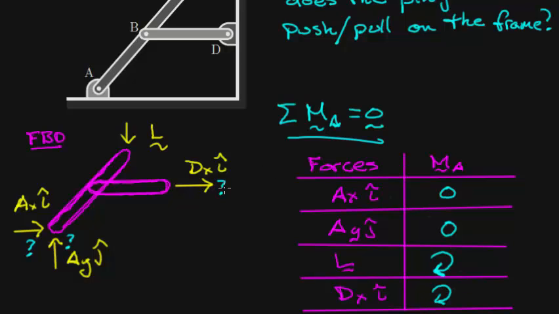So what I need is for DX to go the opposite direction. Instead of having DX pull to the right, I need DX to be pushing to the left that way. And when DX pushes to the left, it creates a counterclockwise moment down here. We get a moment going the other way, and then this all checks out. So DX has to be to the left in order for the moments about point A to go away.